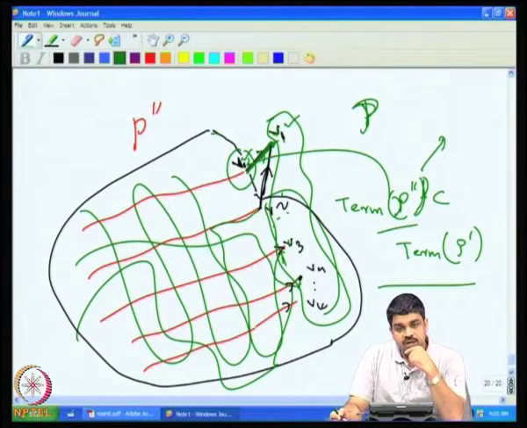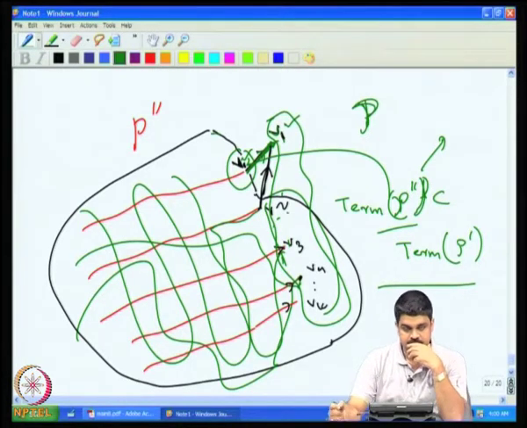And now we get a path cover for the original graph G, which is essentially that P double dash with this simple extension of one path.